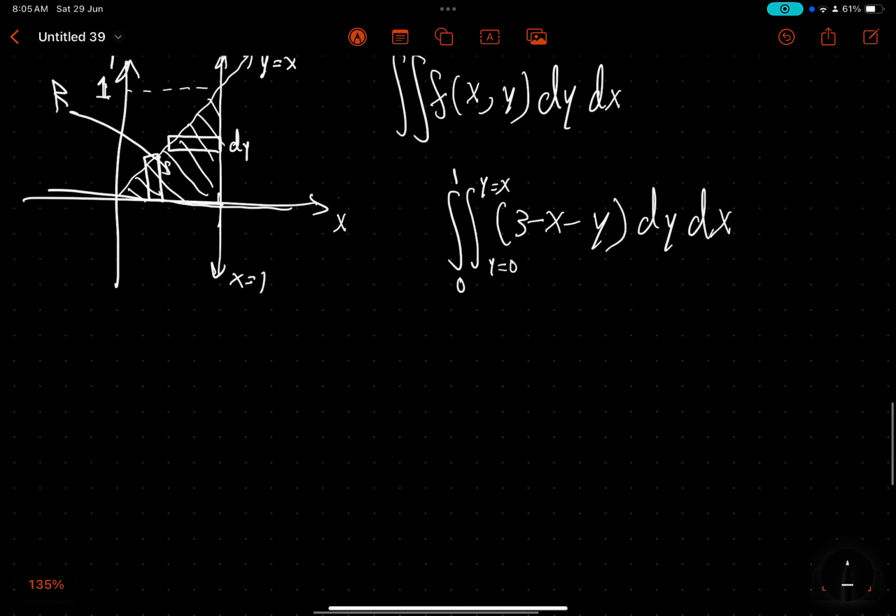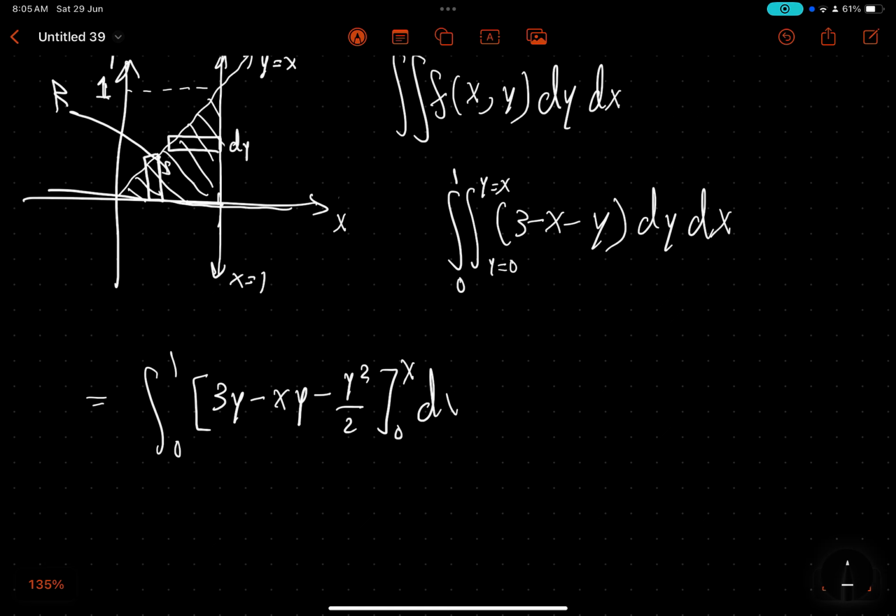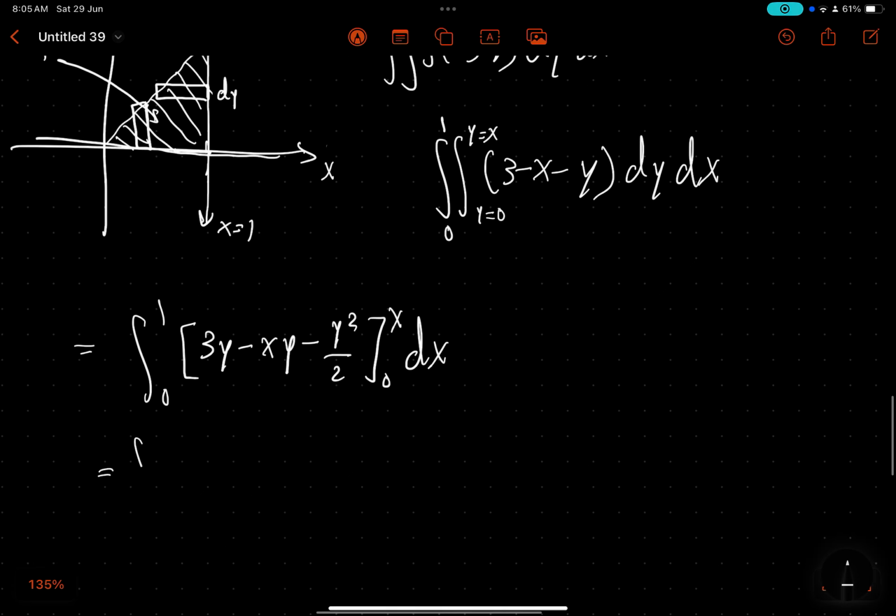Okay, so let's solve this. Now we get the integral from 0 to 1 of 3y minus xy minus y squared over 2, from 0 to x, dx.